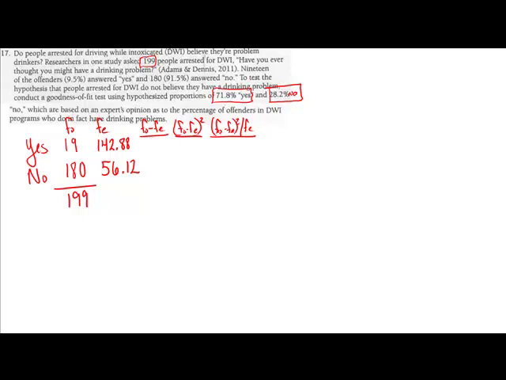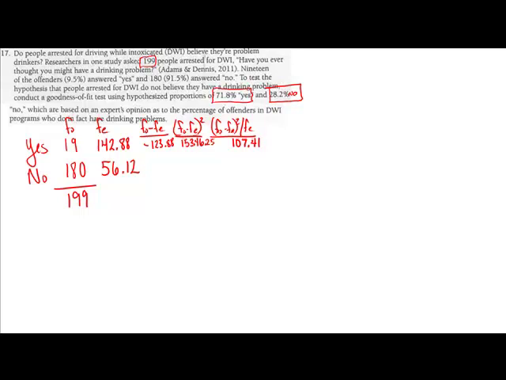We observed 19 minus the 142.88 that we expect gives us a negative 123.88 that we square, which gives us 15346.254. If we take that number and divide it by the frequency expected, which is 142.88, this number is 107.406. Let's call that 107.41.